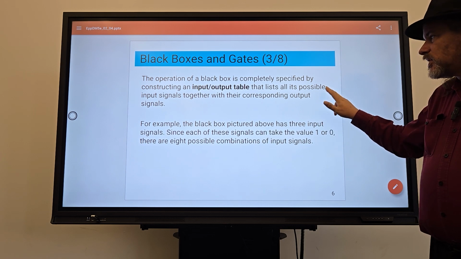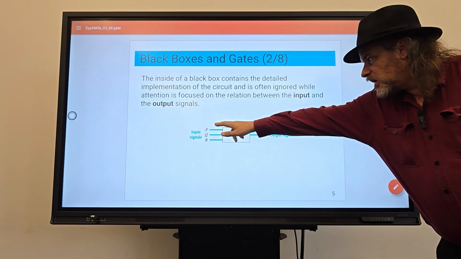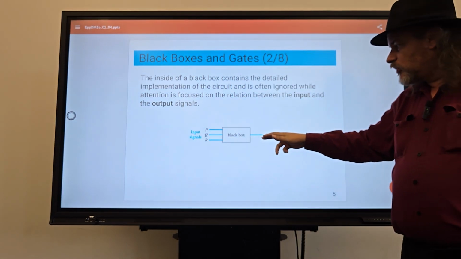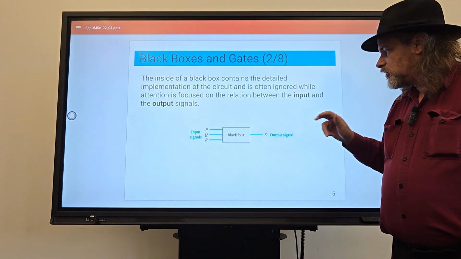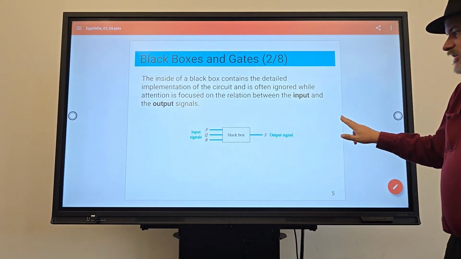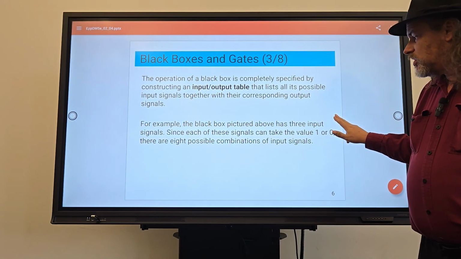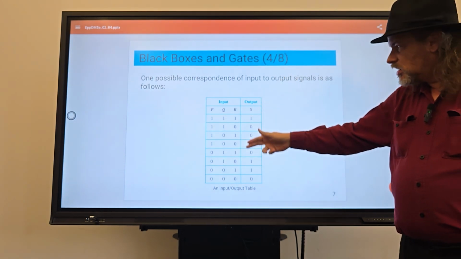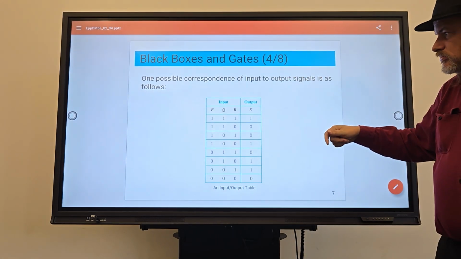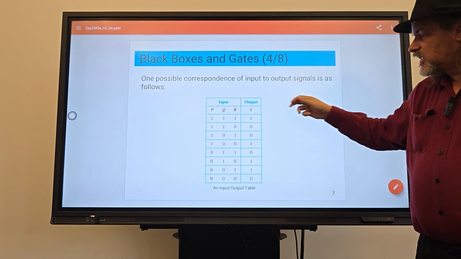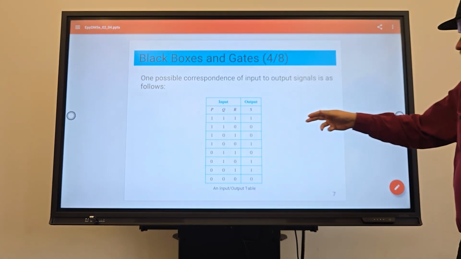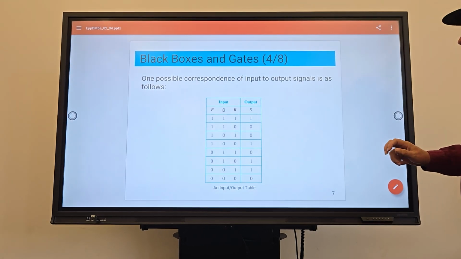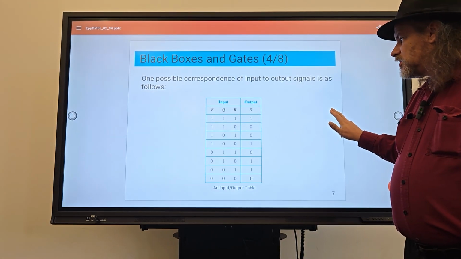Like the previous one, this has 3 inputs, so it would have 8 combinations, with one column for each input and 1 column for the output. You would construct the input-output table like this, and this is just an example of what the output could be for such a circuit.